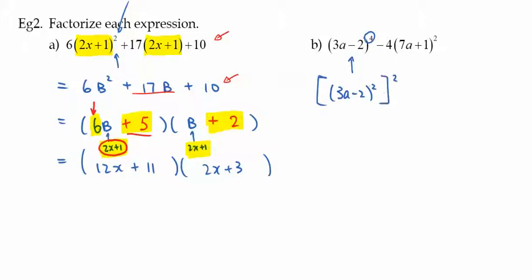Now I have a square. What about the second part? Is it a square? Yeah. 4 is a square. This is definitely a square. Let me consider this as the square of this whole thing.